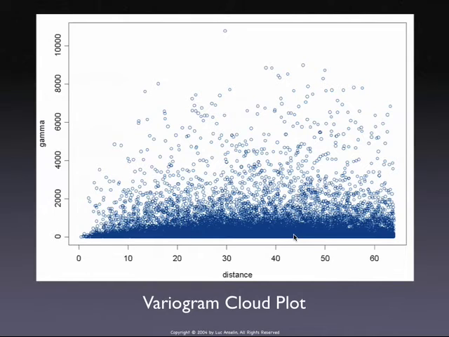What would be an outlier would be two locations that are very close but have a large square difference. For example, you see here, these points have a much larger square difference than the bulk of the others for that distance apart. And then, with the right tools, and we'll see how to do this in geostatistical analysis, and with a little bit of work in R, we'll have the same result.